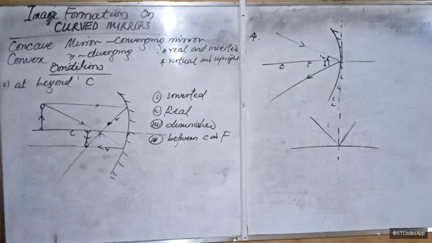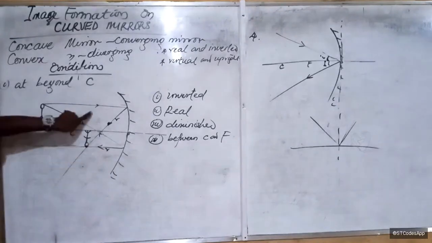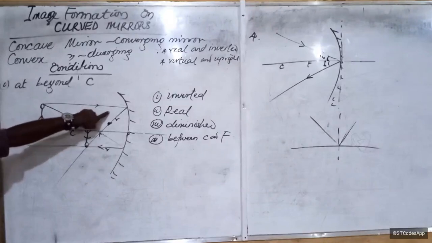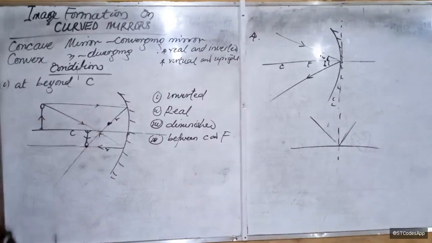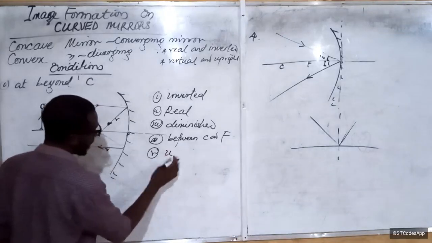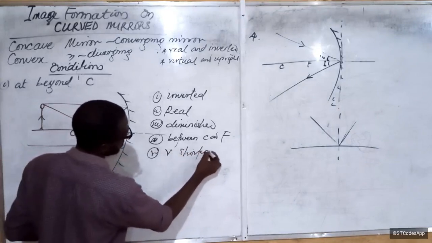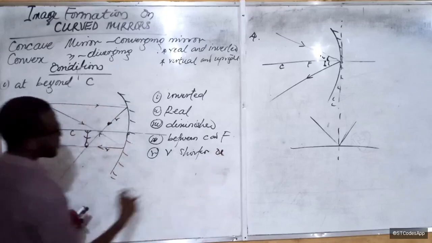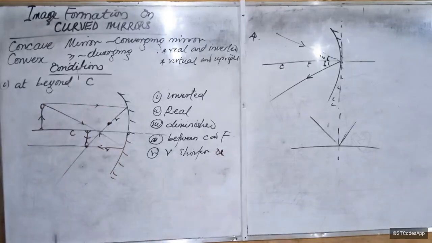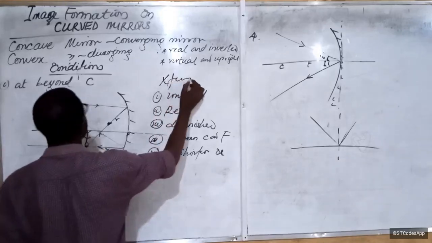And you also notice that the image distance is shorter than the object distance. Image distance, that is V, is shorter than U, that's the object distance. So those 5 are your characteristics of the image that was formed.